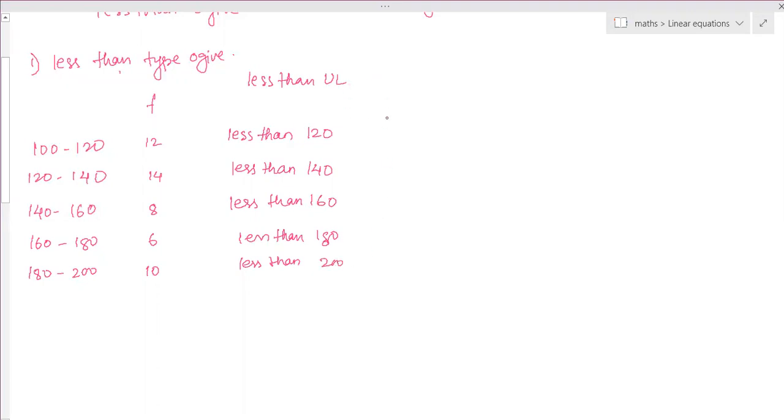Now we find the cumulative frequency for these. Less than 120 means which values?